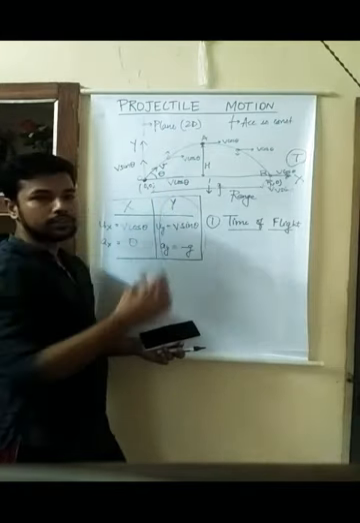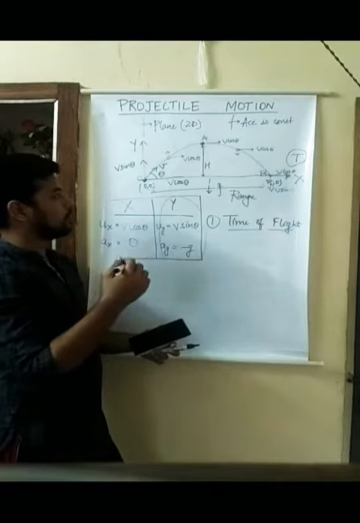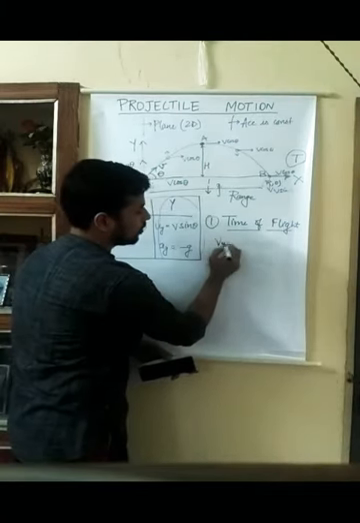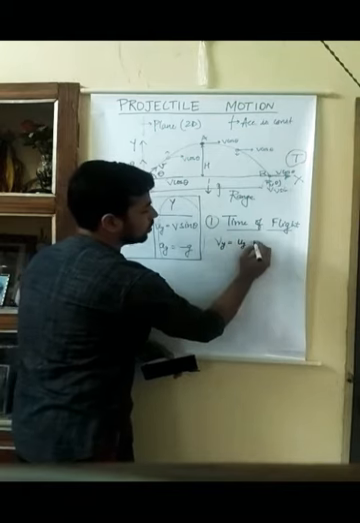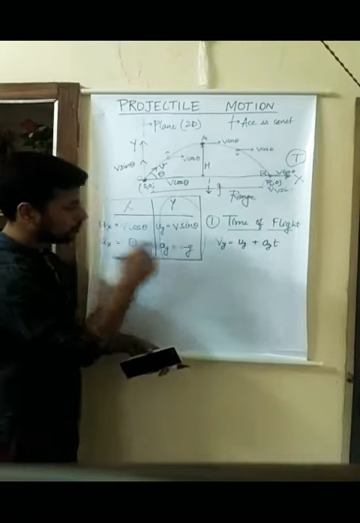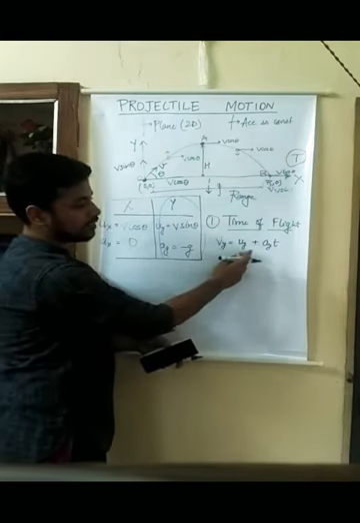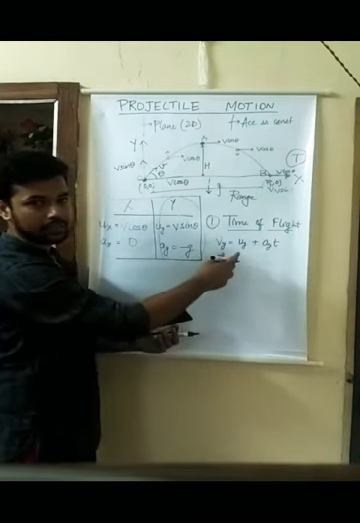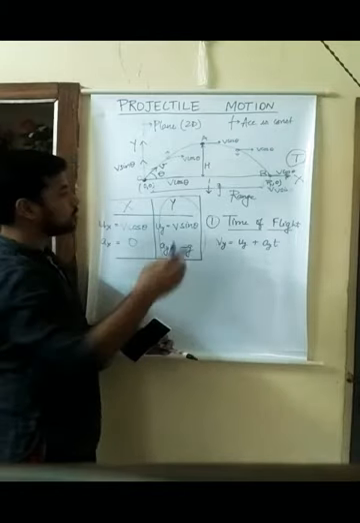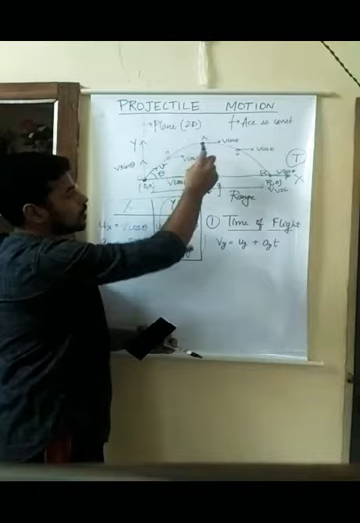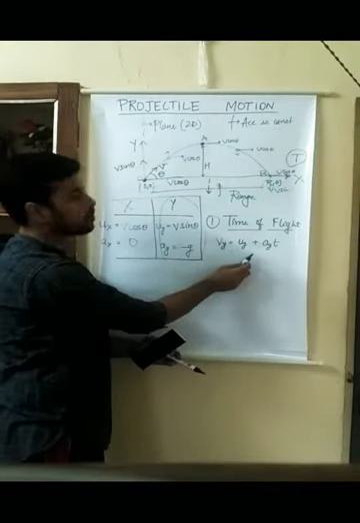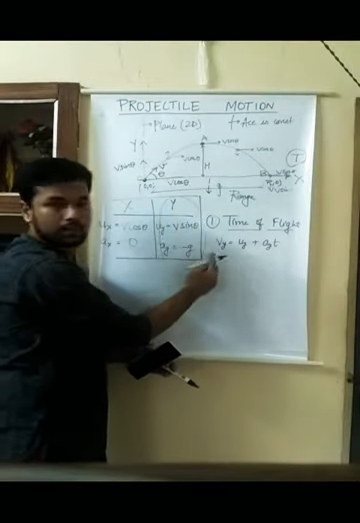To obtain this, we use simple kinematics in y direction. So we know that Vy is equal to Uy plus Ay t. From kinematics, we know that final velocity is equal to initial velocity plus acceleration in y direction into time. So we take two positions, origin and A, and we are taking y components only. At A, final velocity is 0.